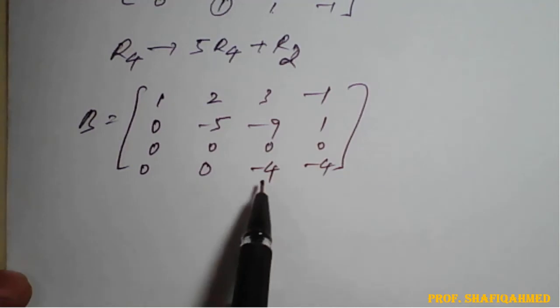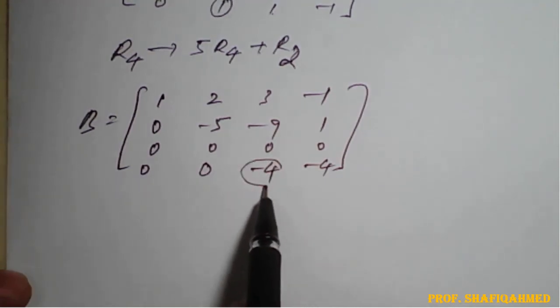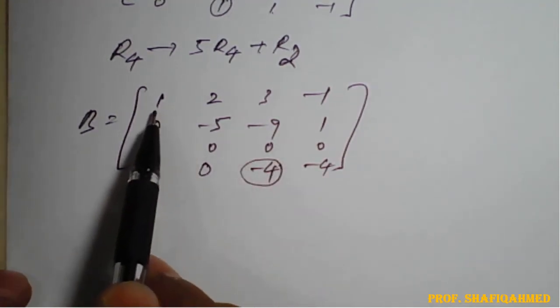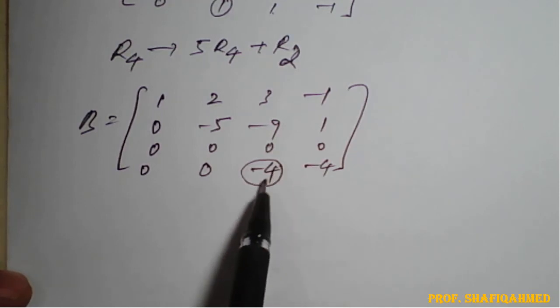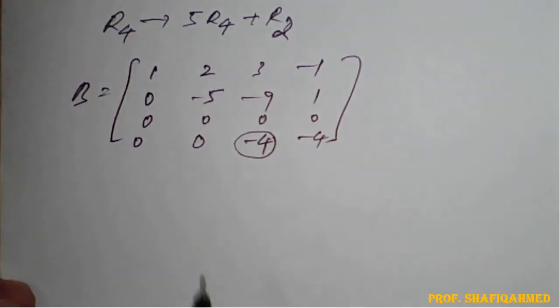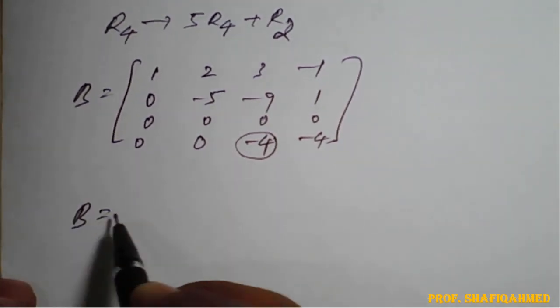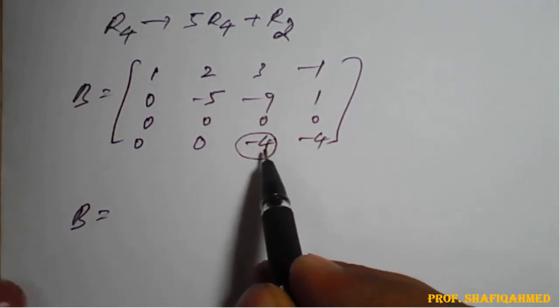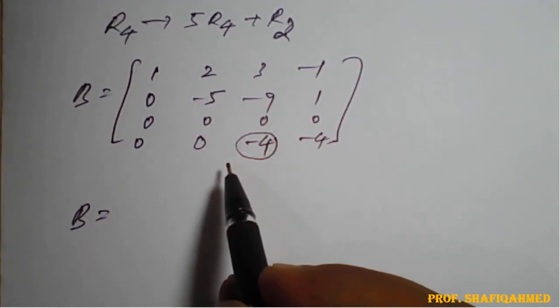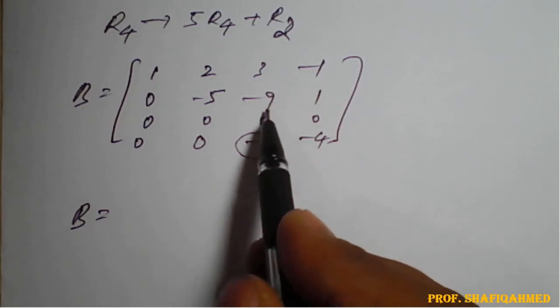Once we get this, next we need to make this element 0, because the diagonal elements are 1, 5, 0, minus 4. Below the diagonal element we have to make all elements 0, that is echelon form. So again on R4 we need to apply the formula so that it will be easy.